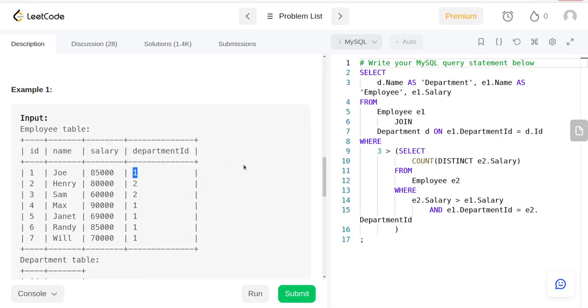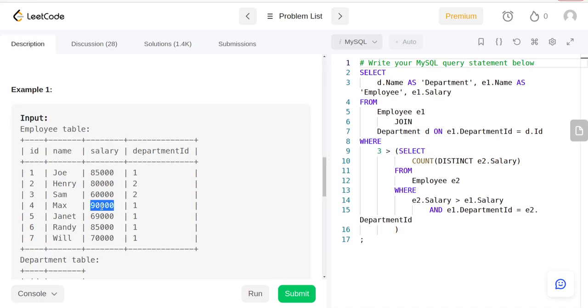I'm going to go through that other table, which is going to parse through all of these entries and see how many people, looking for the same department ID, have a salary which is more than 85,000. So this is the salary. If I look for this one, how many people have more salary?